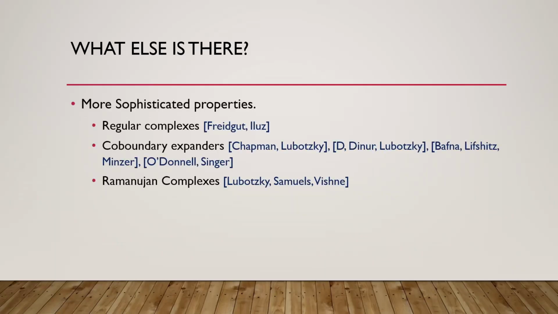But also, people are working on constructions that not only have this local spectral expansion property, but sometimes we also want other properties, like complexes that look regular, where all links of a certain dimension have the exact same structure, or maybe complexes that have different notions of expansion, such as co-boundary expansion that Mitali is going to tell us a bit about tomorrow, or these Ramanujan complexes, which is maybe a third, more sophisticated notion of high dimensional expansion.